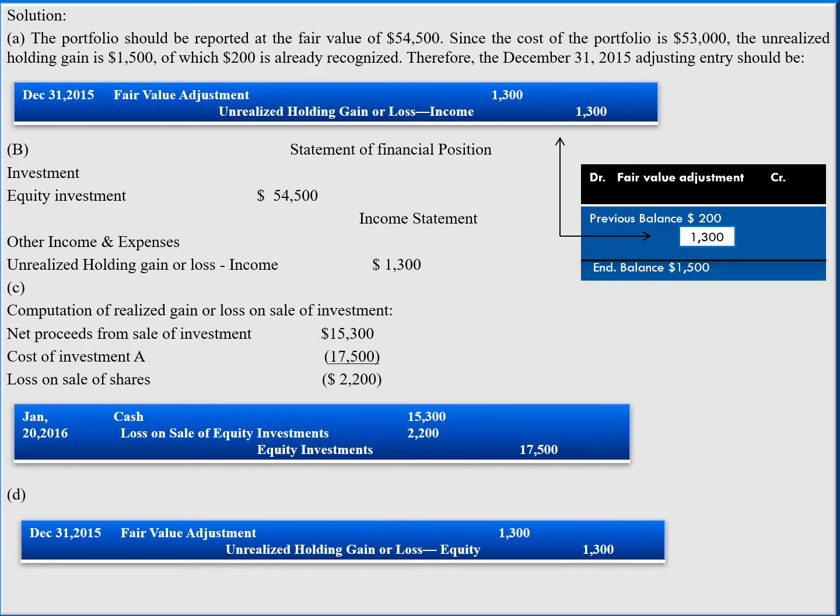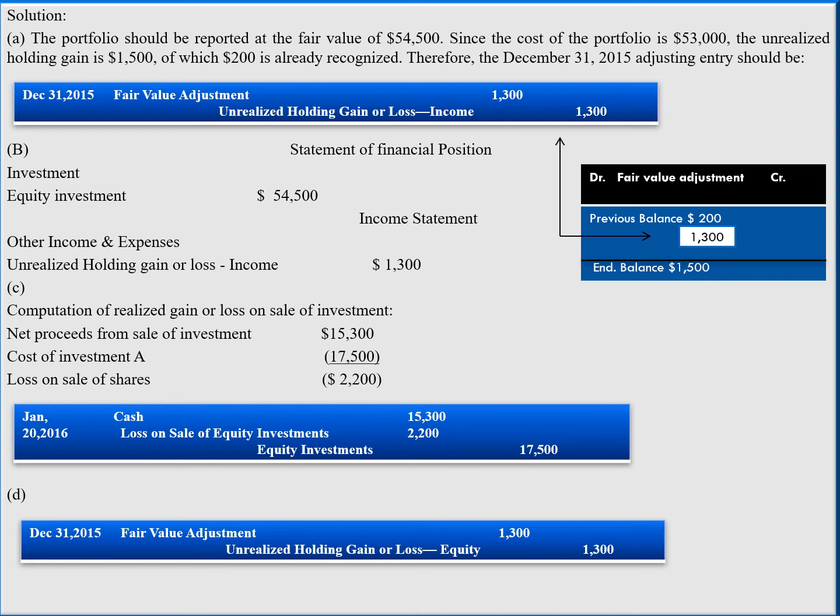Solution. Number A. What is required of me? Record the adjusting entry on December 31, 2015, assuming that the equity investments are held for trading.